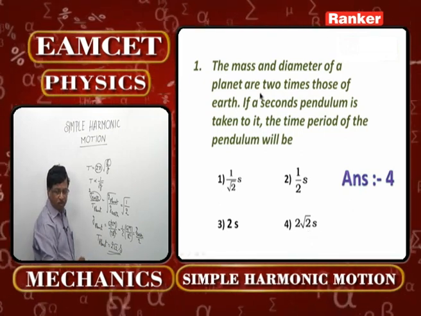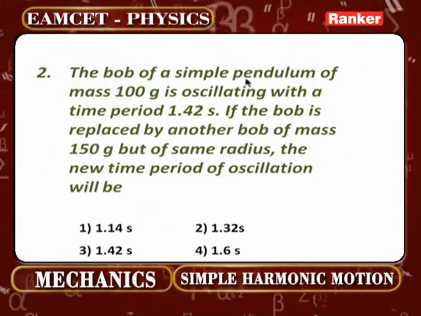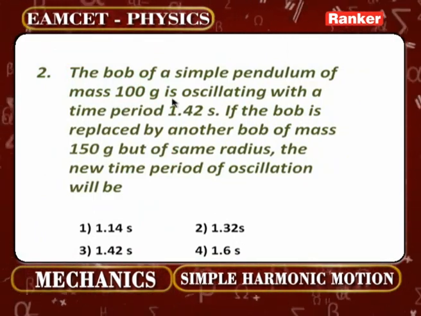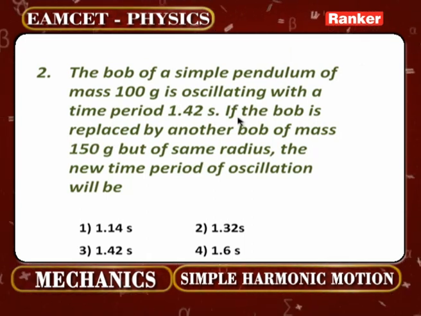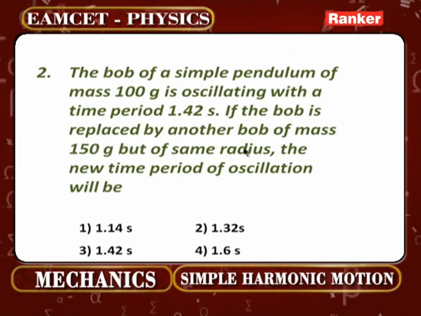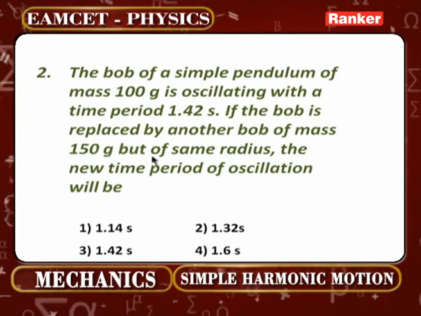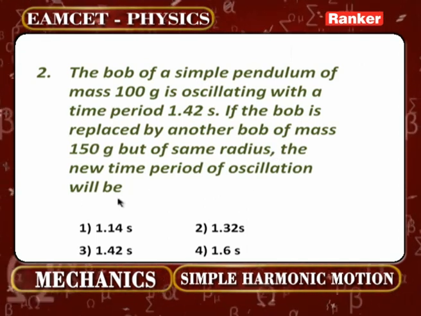Let us now check the second problem as such. The bob of a simple pendulum of mass 100 gram is oscillating with a time period of 1.42 seconds. If the bob is replaced by another bob of mass 150 gram but of same radius, the new time period of oscillation will be how much?